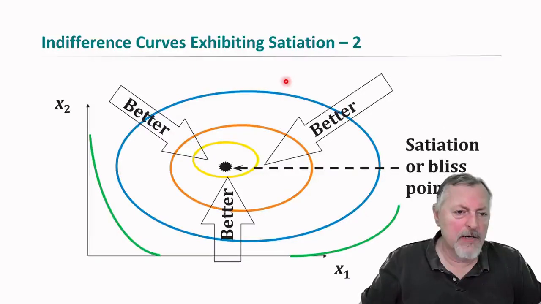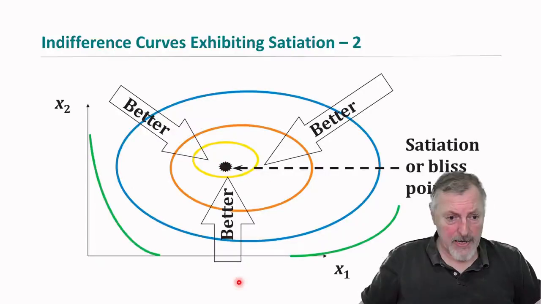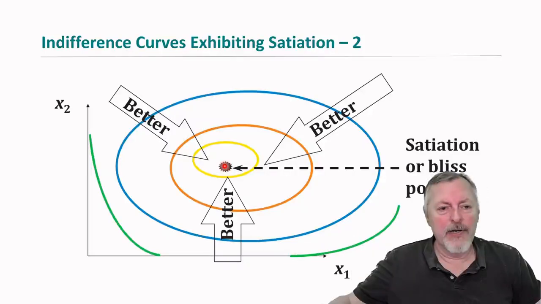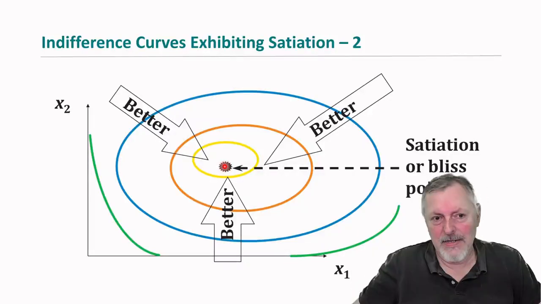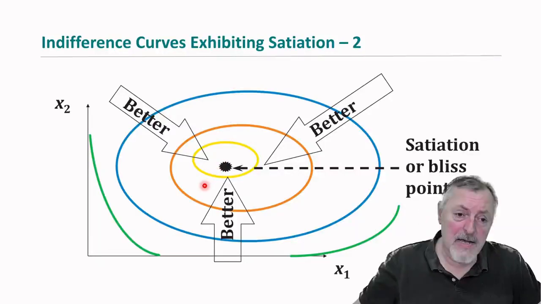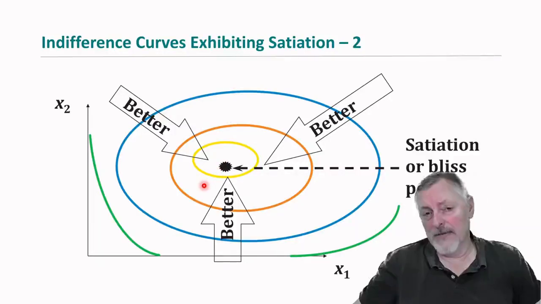Here are the indifference curves for that. If you have, let's say commodity 1 is cake, commodity 2 is ice cream, this much cake, that much ice cream is the perfect combination for you. More, assuming you eat it, of either is going to make you less happy, make you a little sick. But less of either will also make you less happy because you want more.